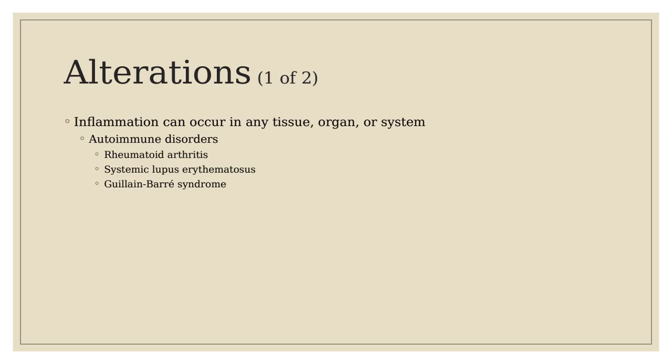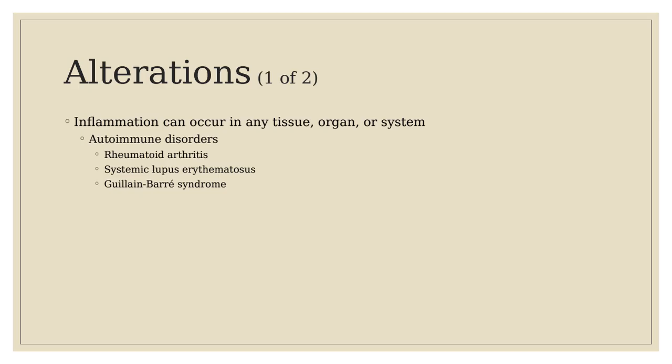So when the body has the inability to recognize something as part of itself, that it's a natural component, it will be in a state where the body is chronically fighting itself. So that's what rheumatoid arthritis is. It's a joint deformity, specifically in the hands.